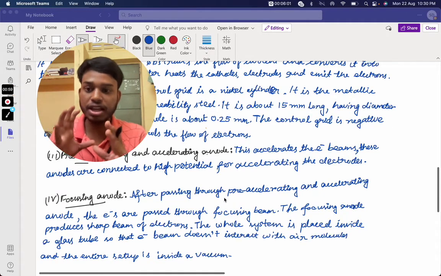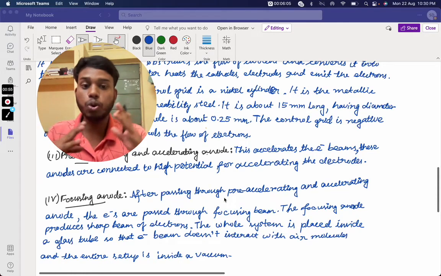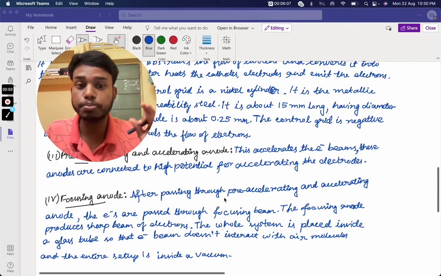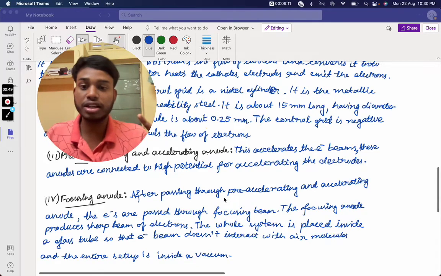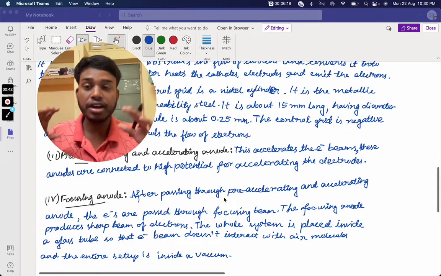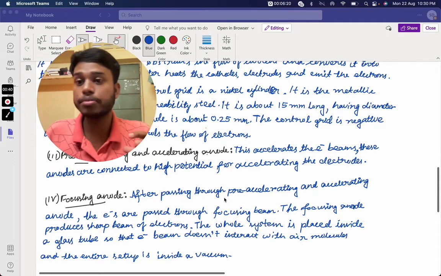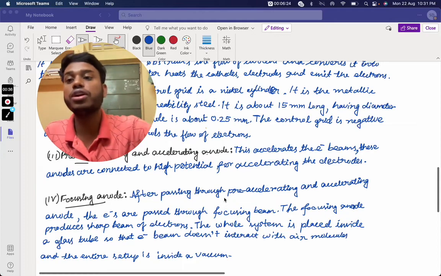The focusing anode then produces a sharp beam of electrons, and the whole system, guys, is placed inside a glass tube. You know why? So that the electron beam doesn't interact with air molecules, and the entire setup is inside a vacuum. So that was all about today's lecture.